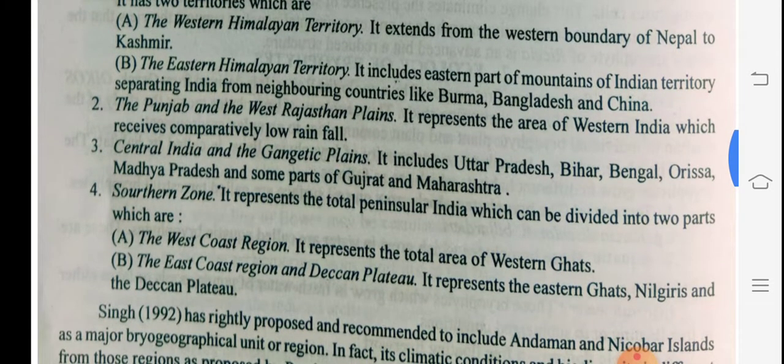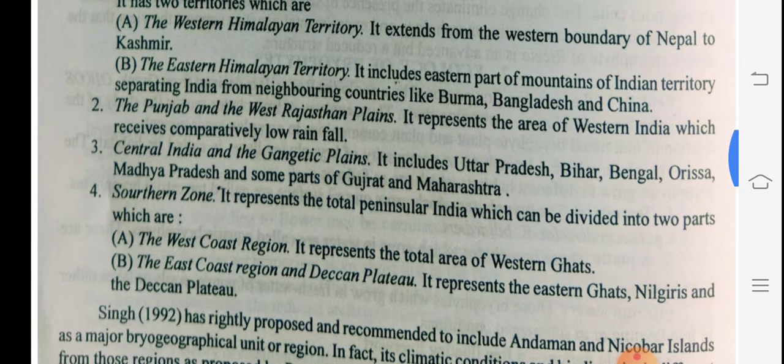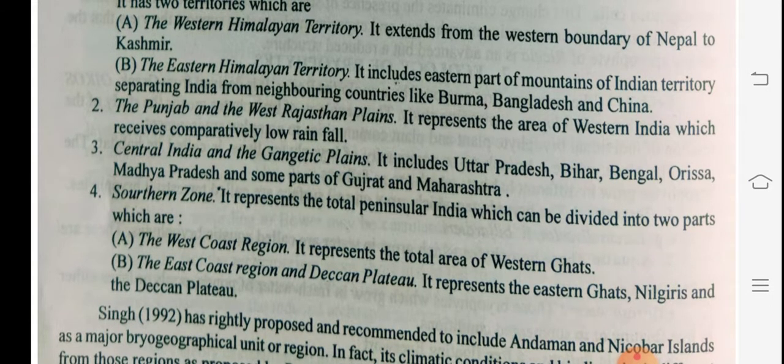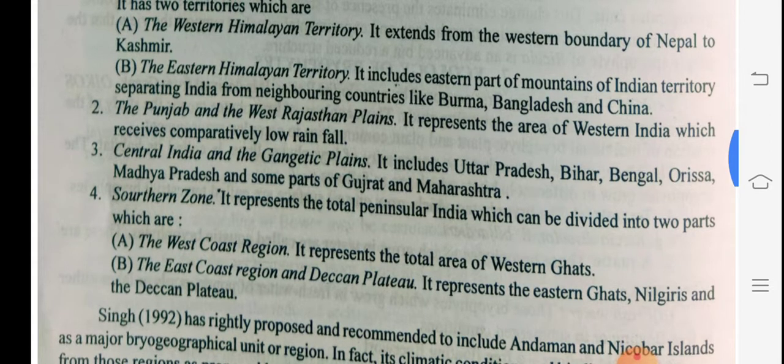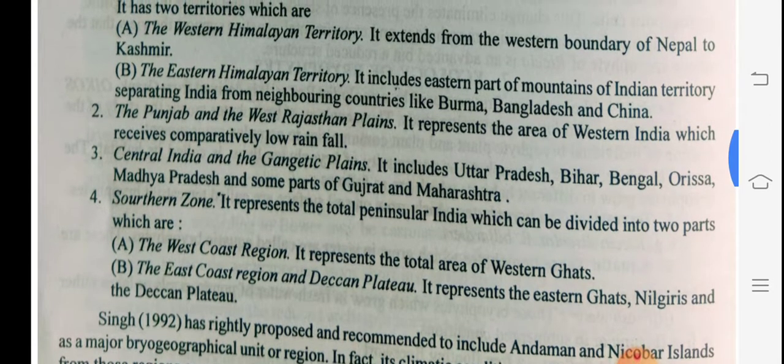Then Central India and the Gangetic Plain: UP, Bihar, Bengal, Orissa, MP, and some parts of Gujarat and Maharashtra. Then the southern zones. It represents the total peninsula in India, which can be divided into 2 parts, the west coast and the Deccan Plateau. So these are generally the 2 southern zones.